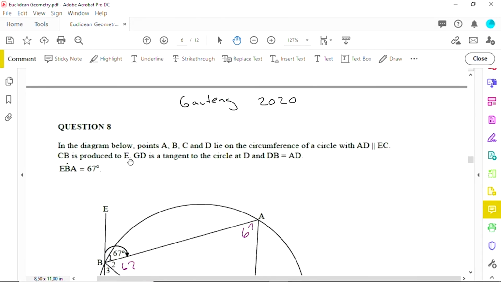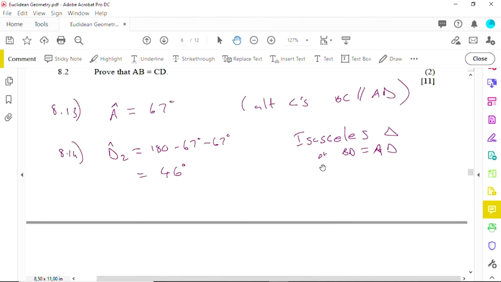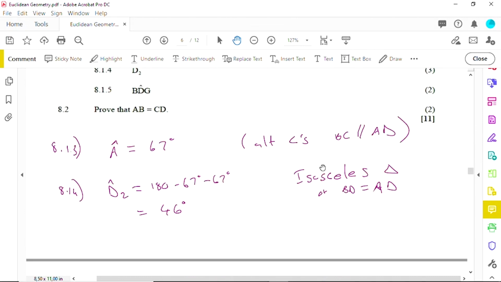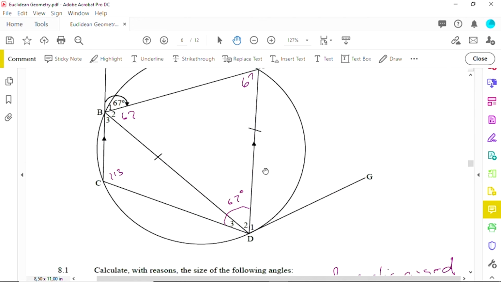Yes, it's a tangent. So BDG is equal to 113 degrees, and that is because of the tangent-chord theorem.